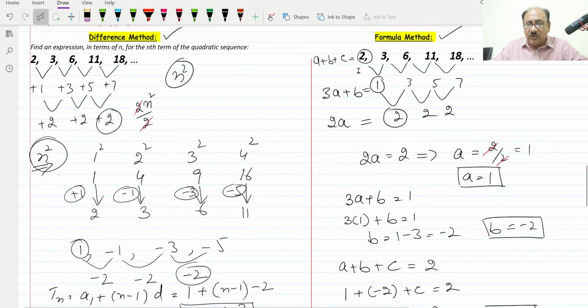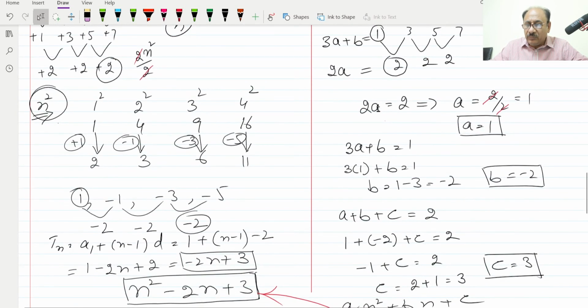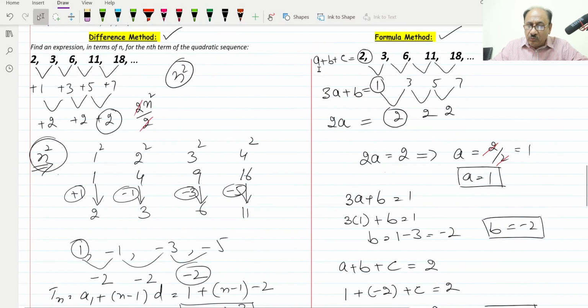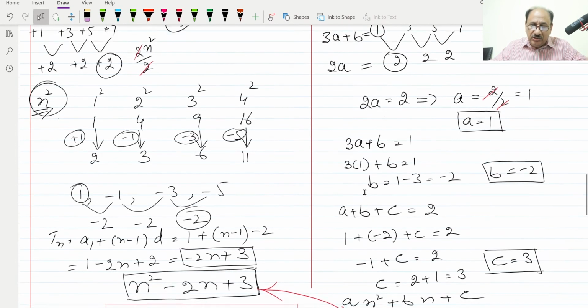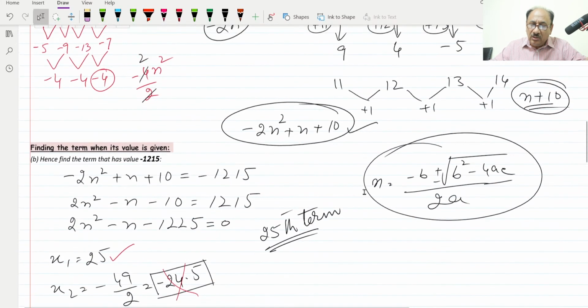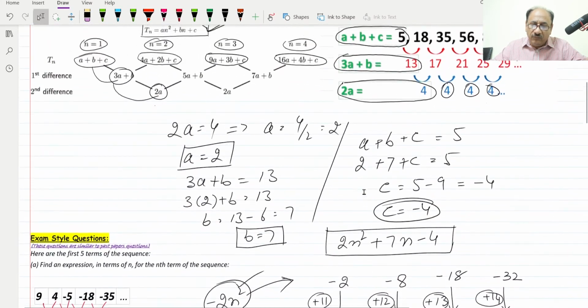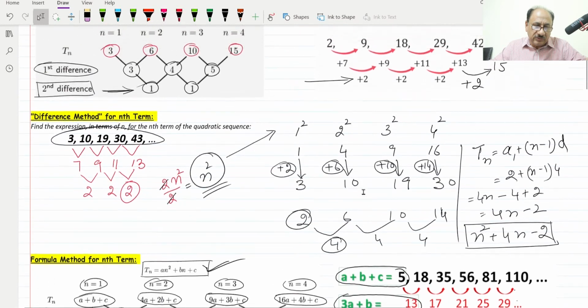The second difference we are finding in the formula method also, but after that you will have to memorize this: 2a is equal to the second difference, 3a plus b will be equal to the first difference, and a plus b plus c will be equal to the first term of the sequence. And then very easily you can solve these equations. Basically both methods are very easy, and I have explained them in a proper way so that you can improve your expertise in this.